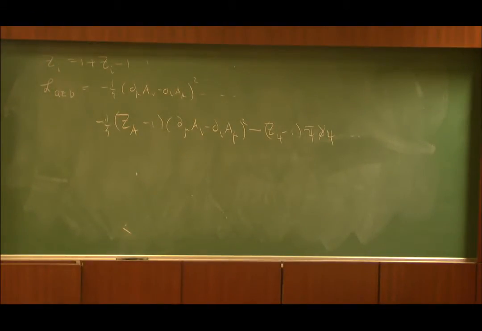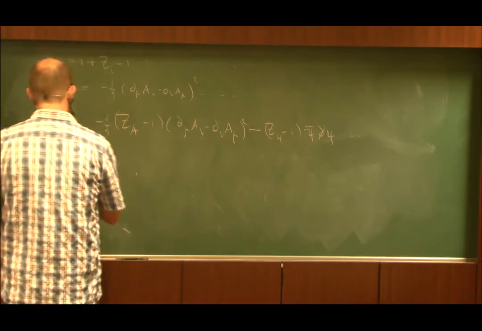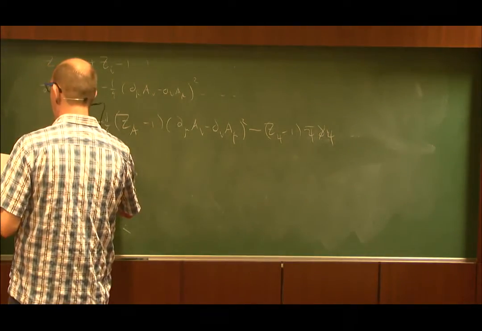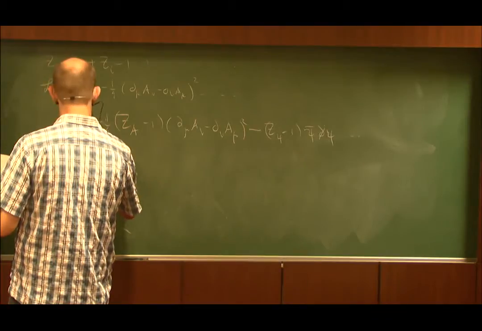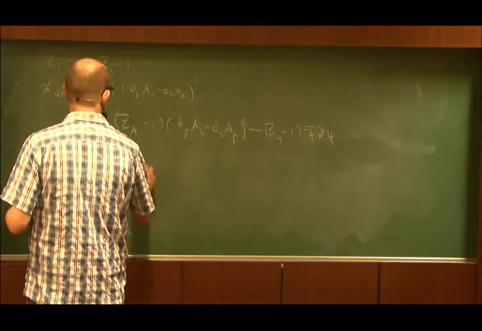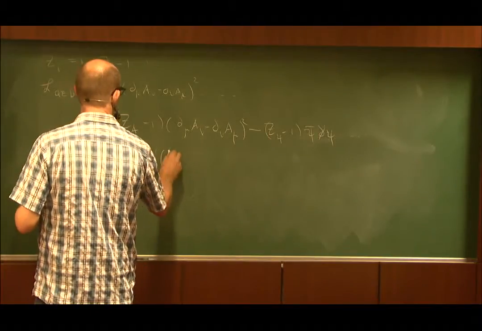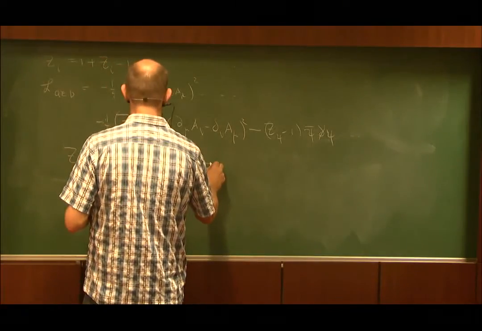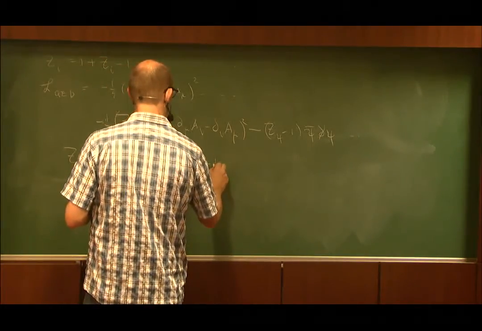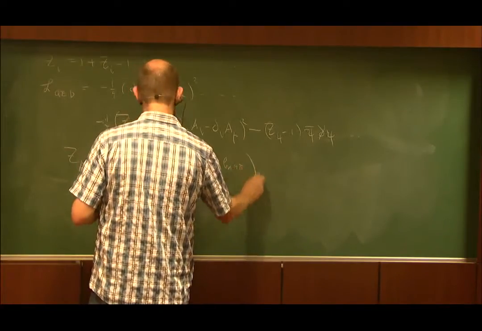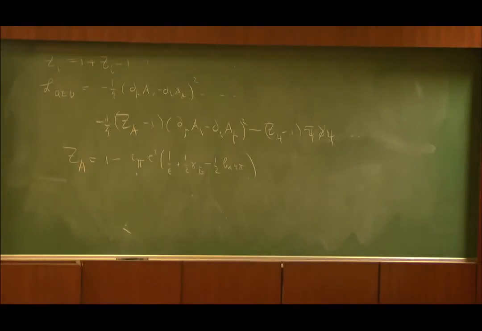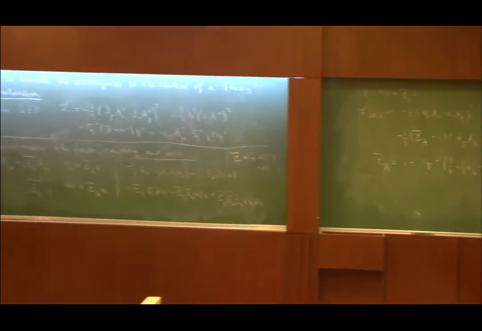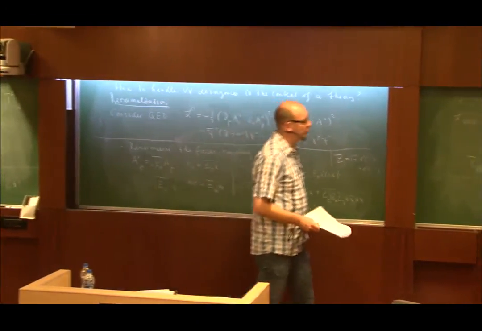But now, if I would write Z_A equal to 1 minus c pi e squared, 1 over epsilon plus a half gamma_E minus a half log 4 pi, then I get an extra contribution.